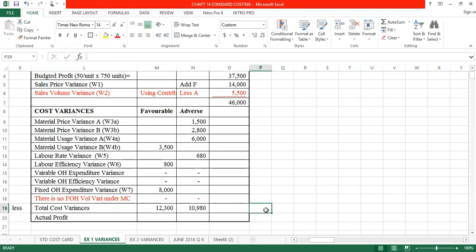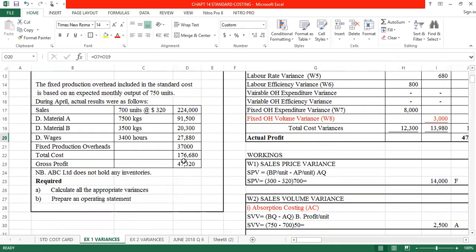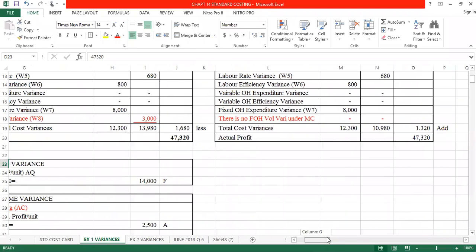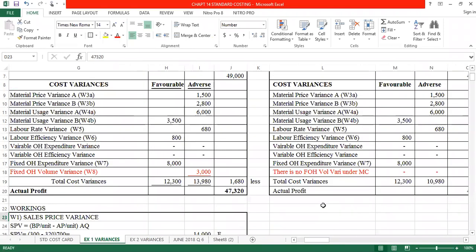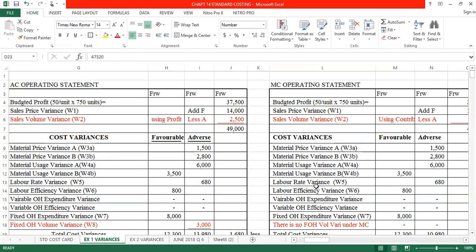F. You add because F is more. So take this plus that. What do you get? 47,320. It is the same. Regardless of which method you use, you will get the same answer.